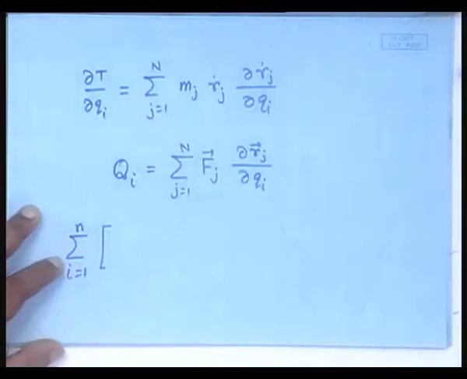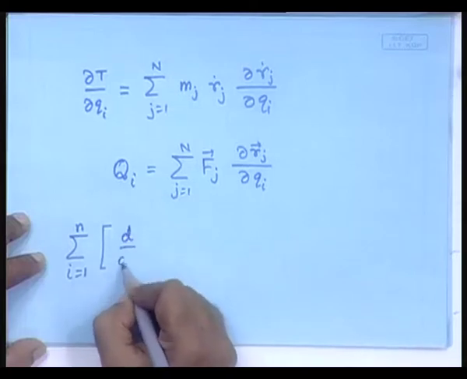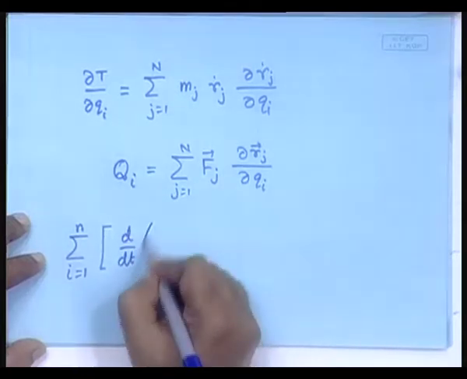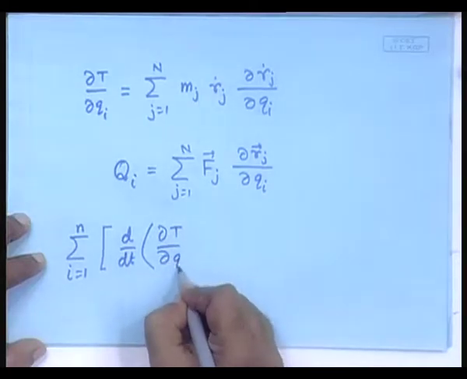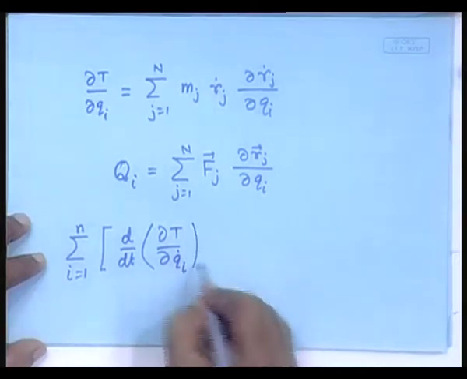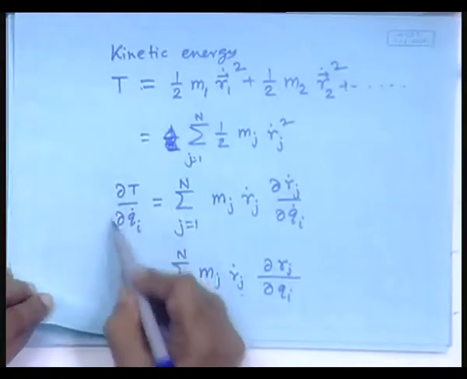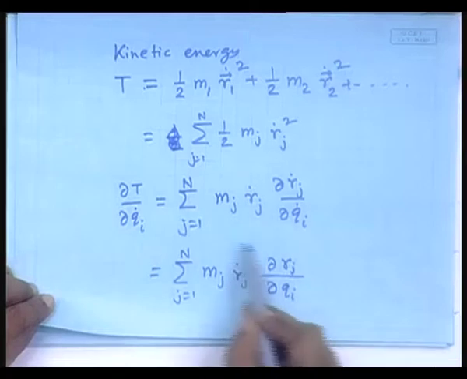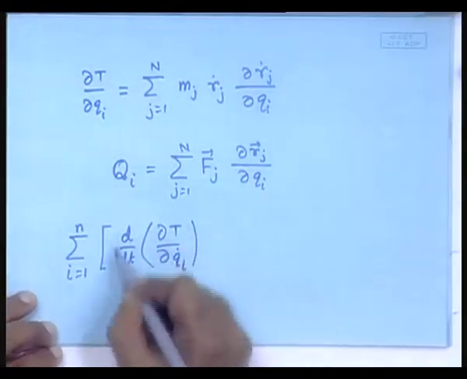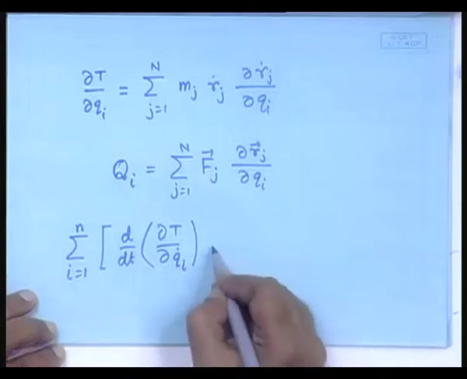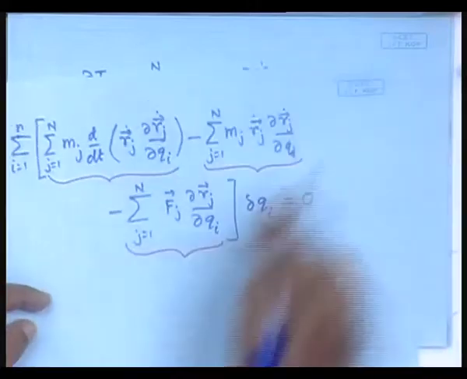So, all these summations over j go away, and we get d dt of dou T by dou q dot I, because that is what we had written. This term was expressed as this, and that is what we have in that particular term. So, this is the first term, minus the second term here is what we wanted to express.